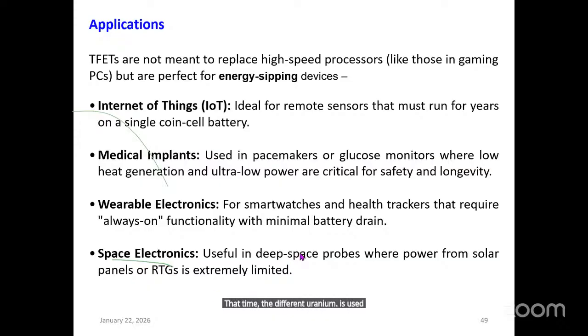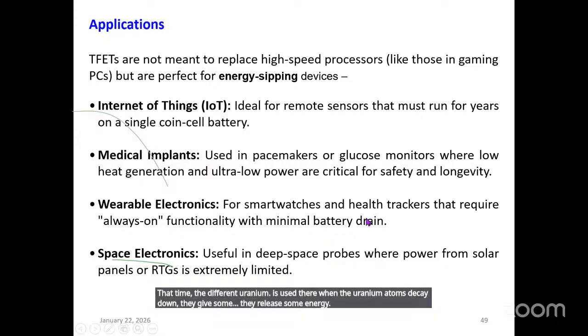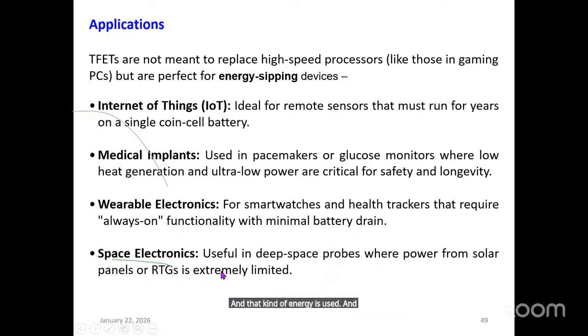When the uranium atoms decay, they release some energy, and that energy is used for devices and ICs to operate. Therefore, if ICs are made up of tunnel FETs with very low power dissipation, these devices are very useful in deep space probe applications as well as medical implants.